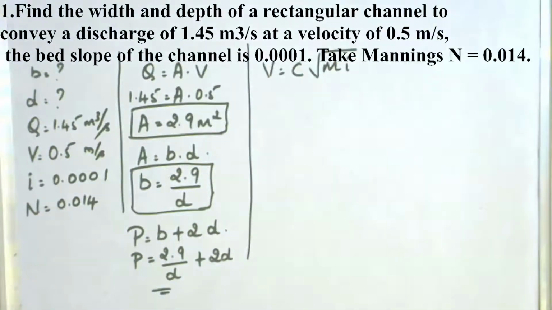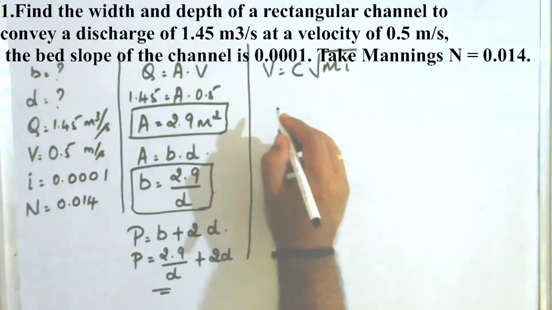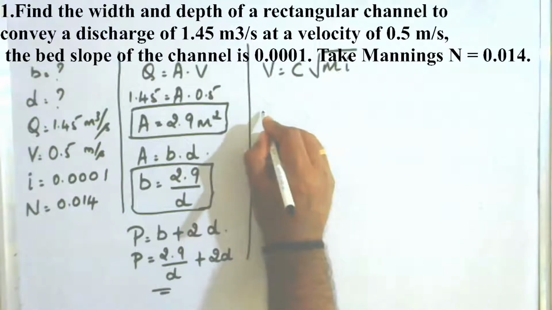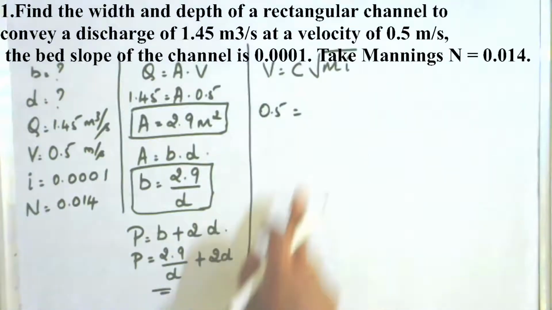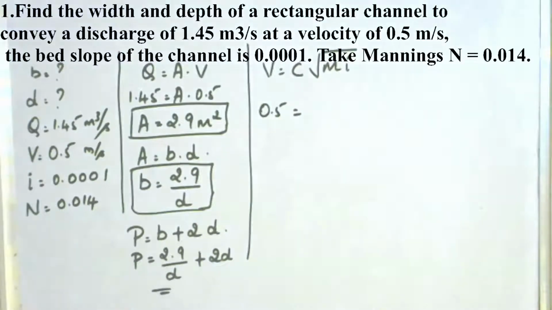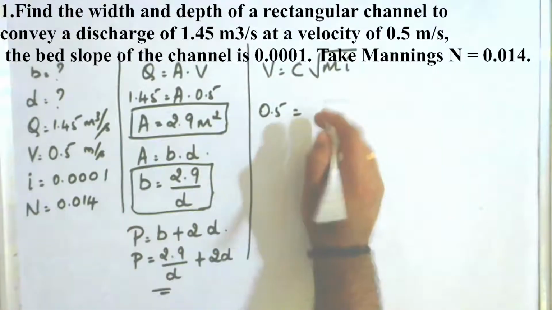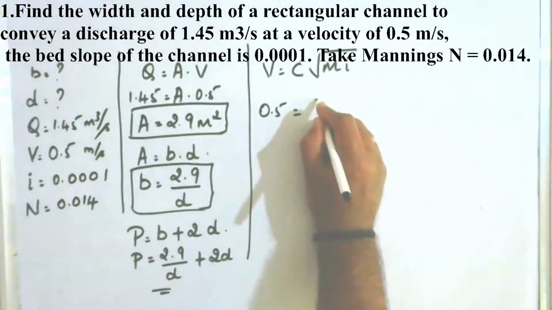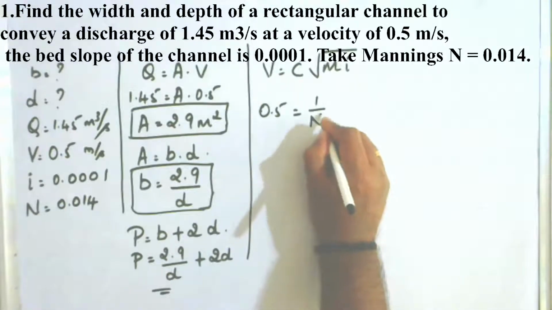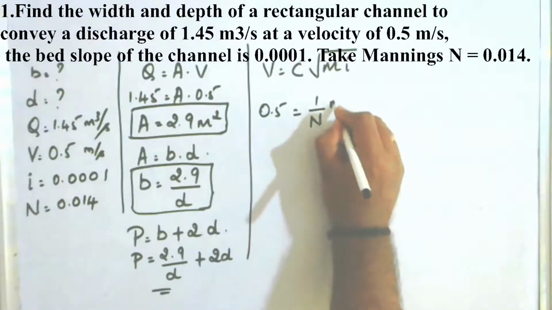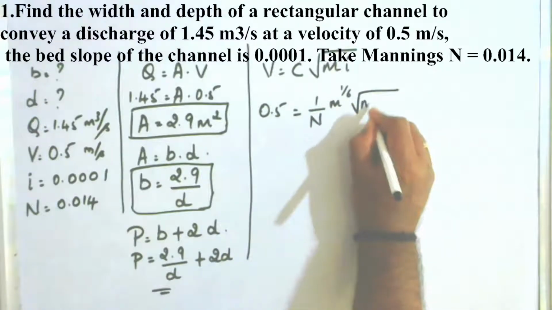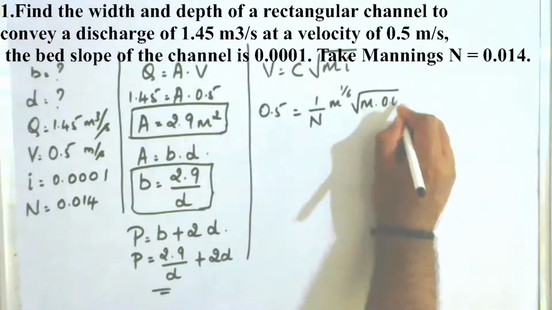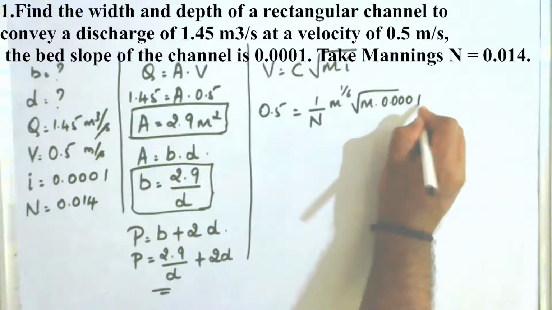Then the velocity V is given as 0.5, but the C value is not given. Instead of C, he has given Manning's n. So the relationship between C and n is 1 divided by n, m to the power of 1 by 6, and square root of m into I, which is 0.0001.